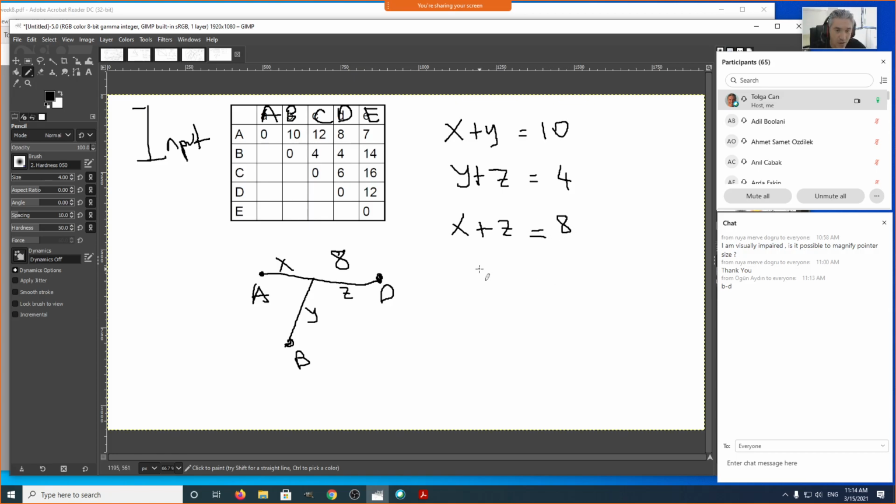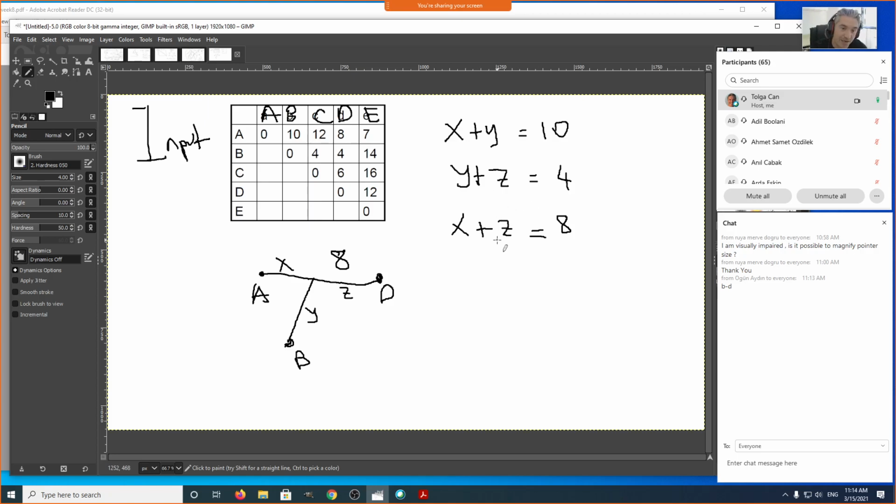Okay? Now, by using these 3 equations, can I find out what X, Y, Z is? And the answer is yes, because these are linear equations. I have a system of linear equations, 3 unknowns, 3 equations. I should be able to uniquely find what X, Y, Z is equal to.